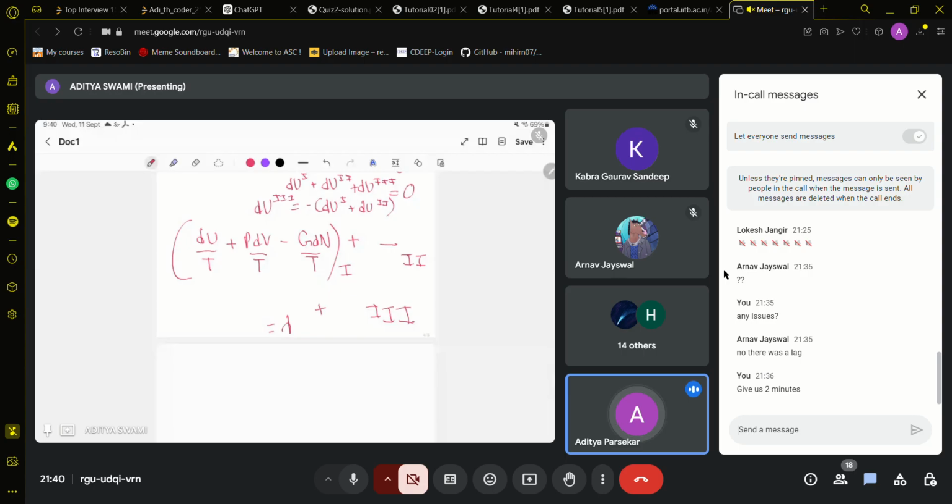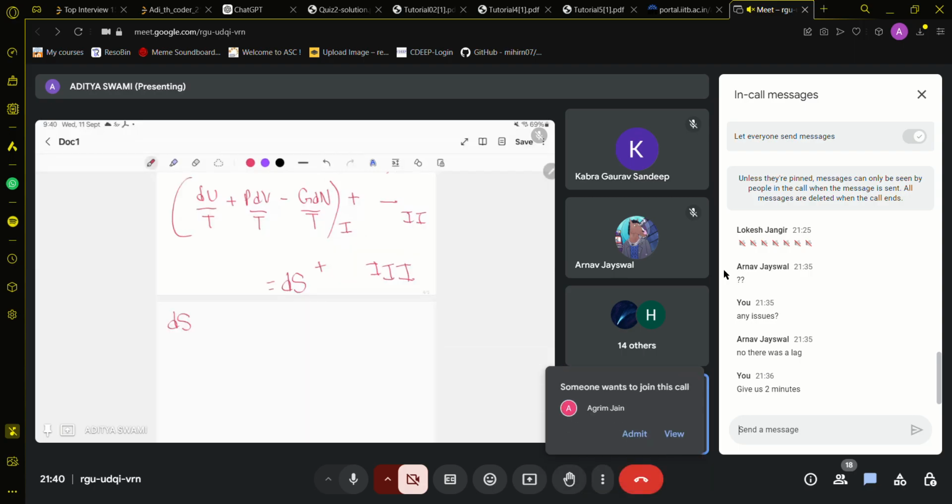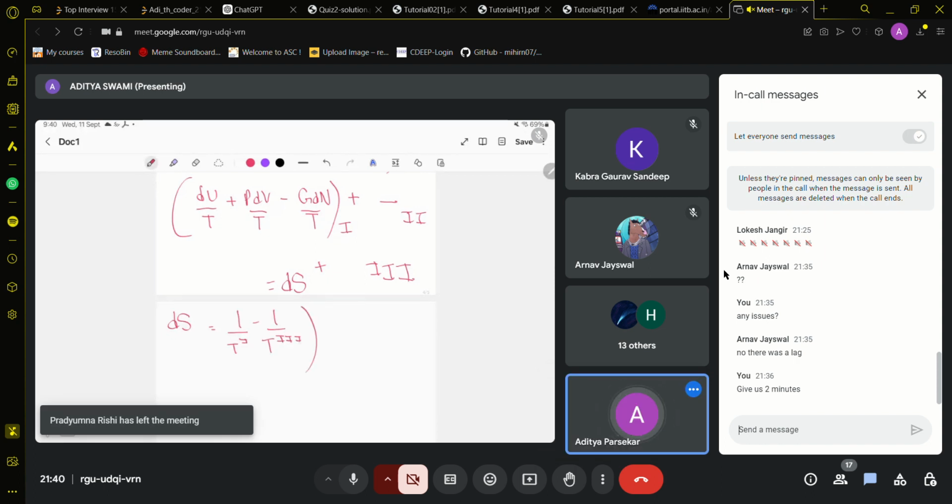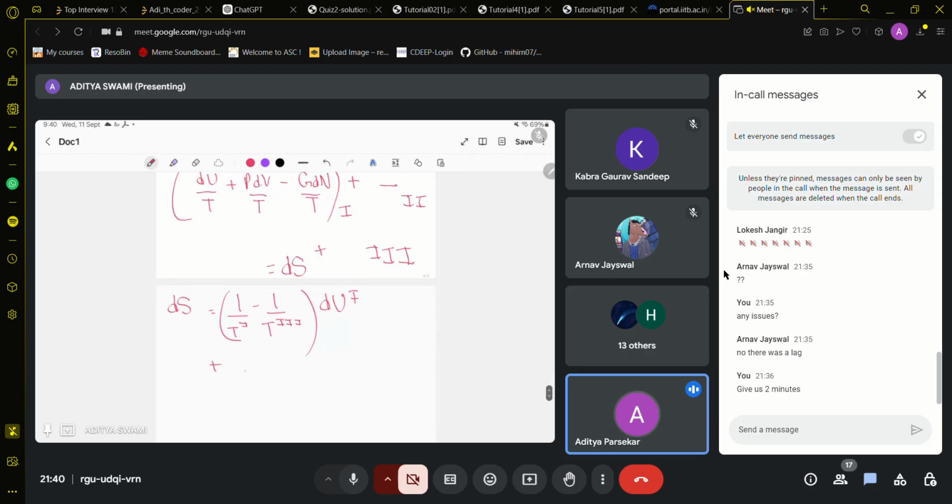So ds is going to be 1 by t1 minus 1 by t3 into du1 plus 1 by t2 minus 1 by t3 into du2.